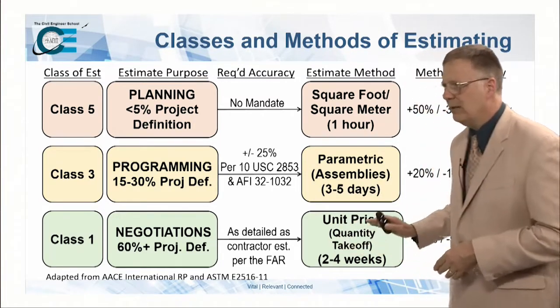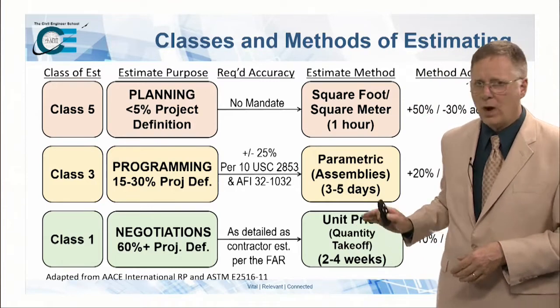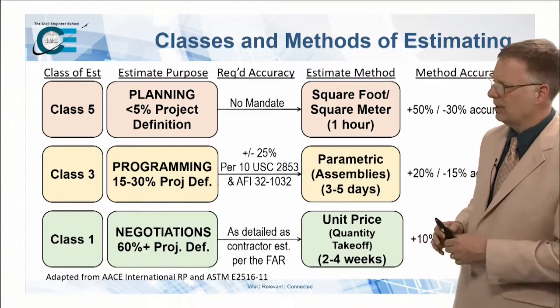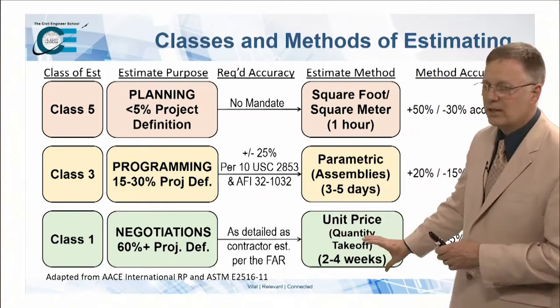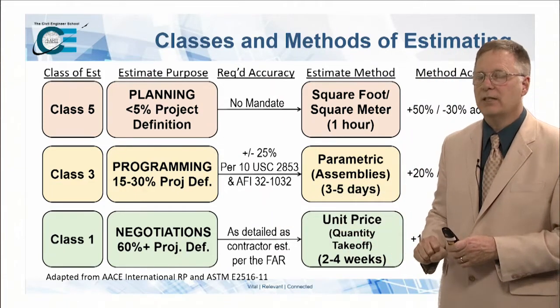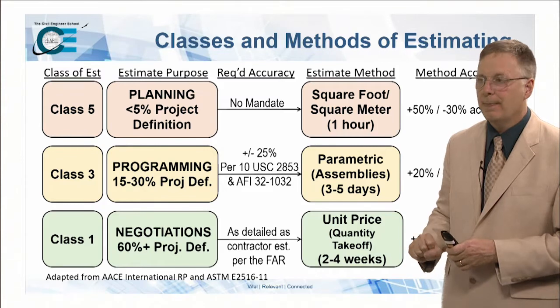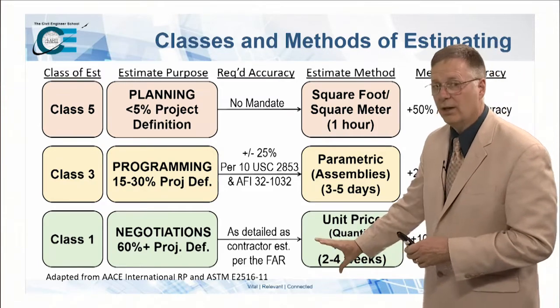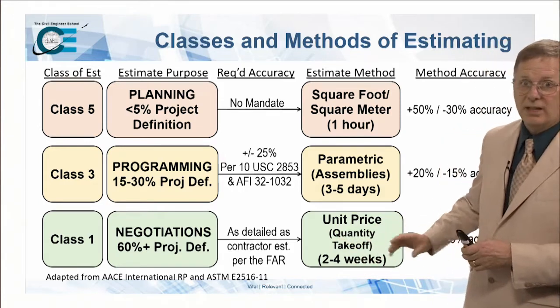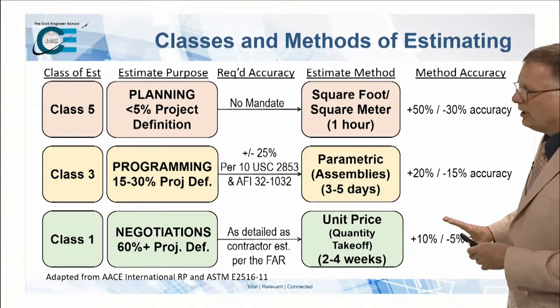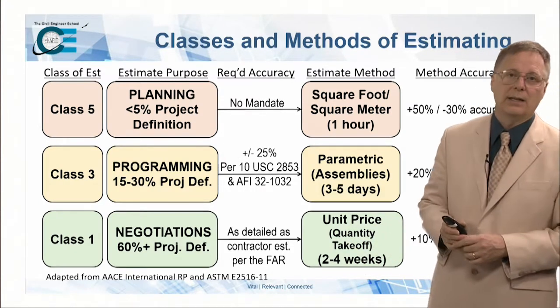So you're actually figuring out spools of wire and bags and nails and things like that. But that requires a lot of definition, and it takes several weeks to generate a decent estimate in this area. This is why bidding a project for contractors takes a lot of time and a lot of effort, why it's at least a month process. But you can get very accurate with that level of estimate.